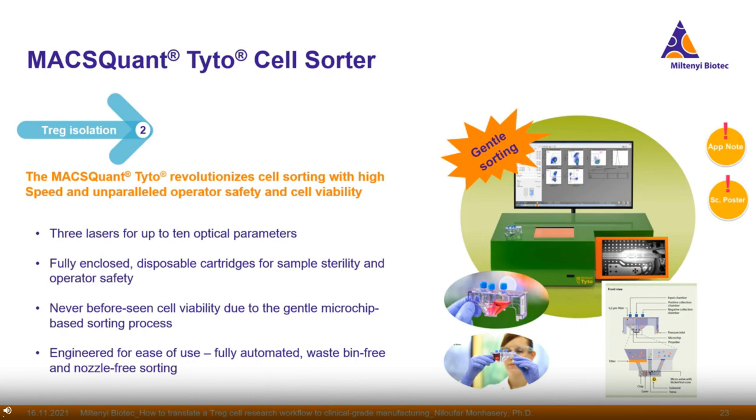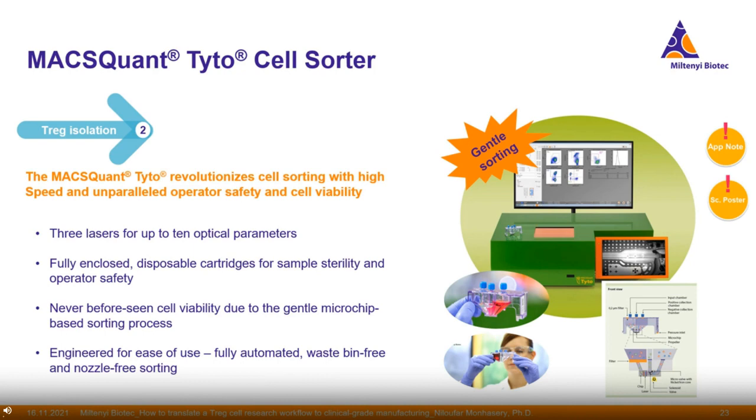Tregs can be isolated via cell sorter as well. And here I would like to use this opportunity to talk about the MACSQuant Tyto Cell Sorter. Many of you are already in the Treg field and know about this great device, as it is a translational device and you can use it in research and clinical sites. It's just one aspect of this device, but it is quite gentle to the cells, which helps you reach high viability.